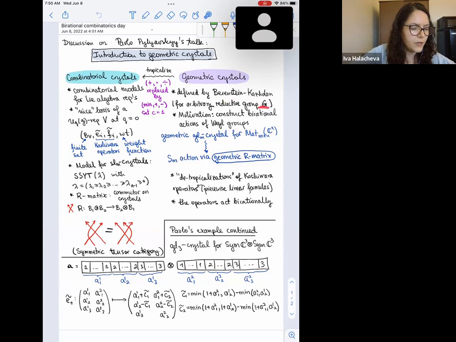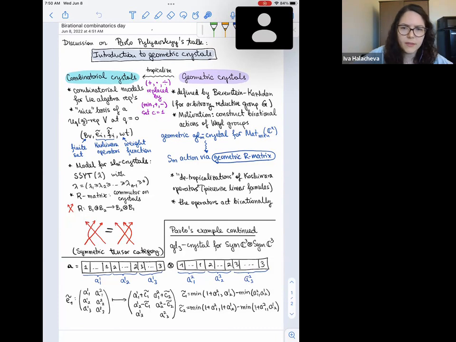They were defined for an arbitrary reductive group. I guess in Pasha's talk, they were mostly for SLN. And I think part of their motivation was to study actions of the Weyl group. For GLN, or for SLN, that's just the symmetric group, by rational actions of the symmetric group, so realized through rational functions.